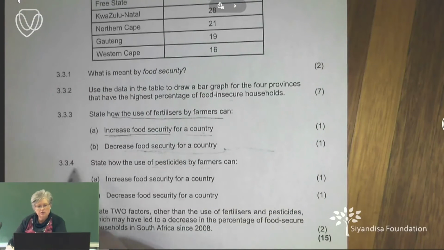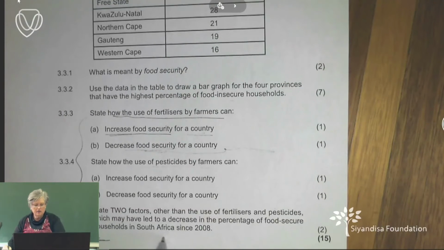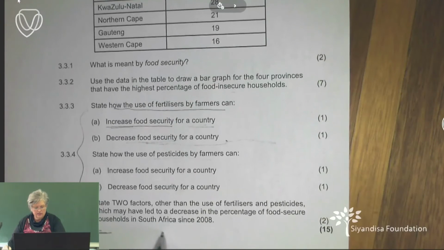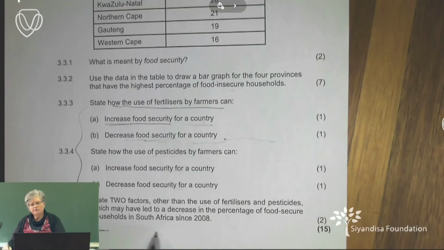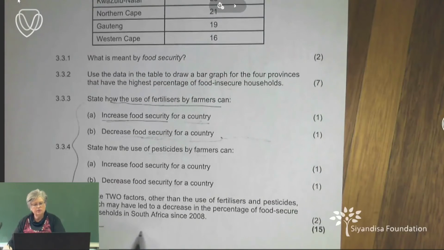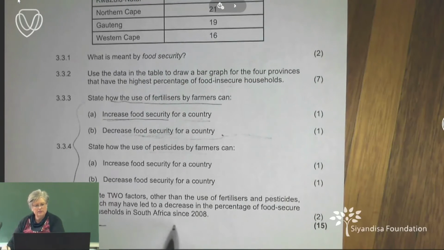So now you see all of these questions are interpretive questions. All of these questions you must think about. So here we will say the high rate of unemployment, the fact that South Africa has a radical increase in population size, farmers sell their farms, they don't want to farm anymore, we have periods of drought and extreme heat.